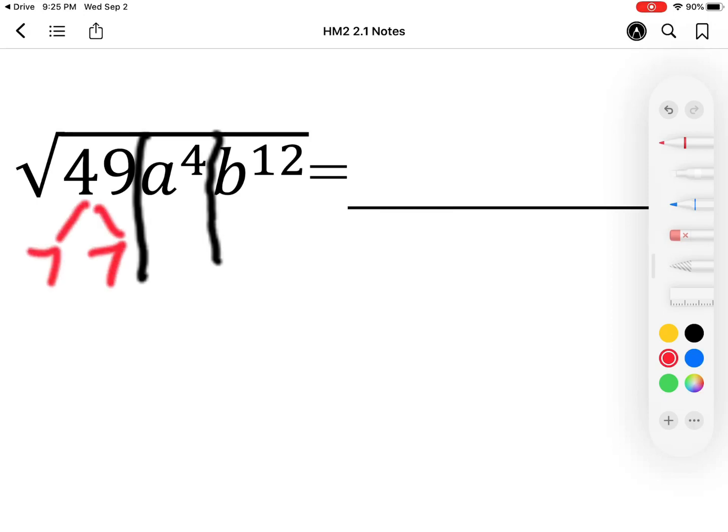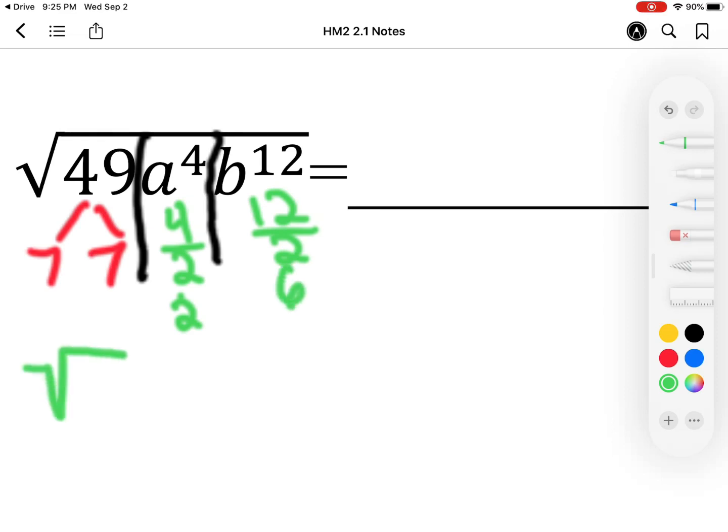So the 49 is a perfect square, so we have 7 and 7. For a, we have 4 divided by 2, which is just 2. And then we have 12 divided by 2, which is 6. So underneath the radical, we have 7 times 7.